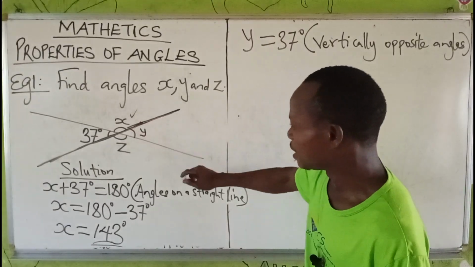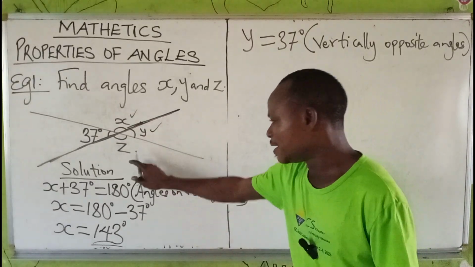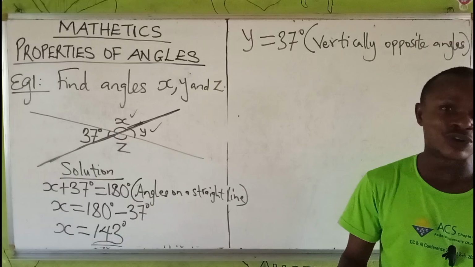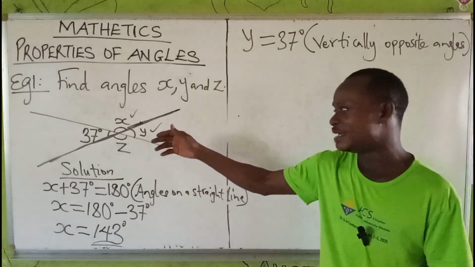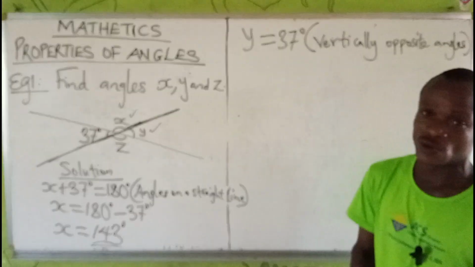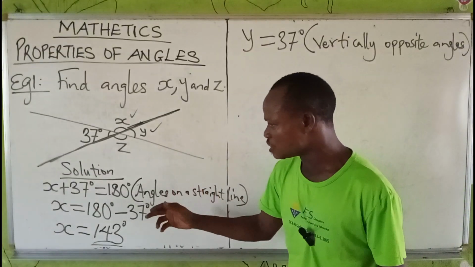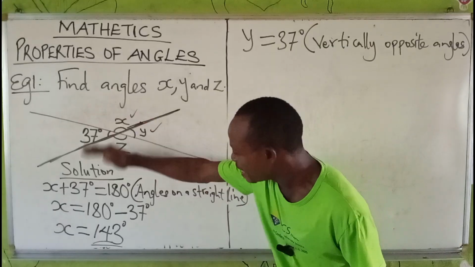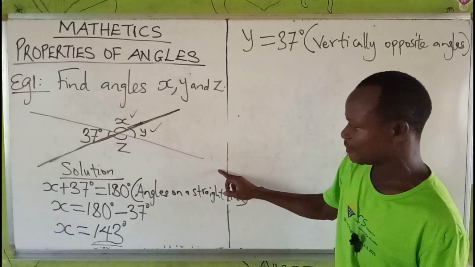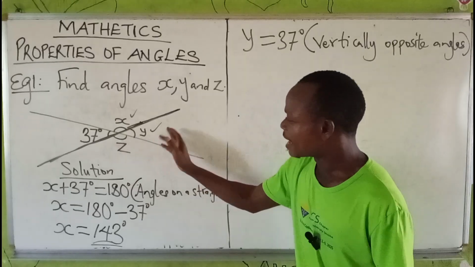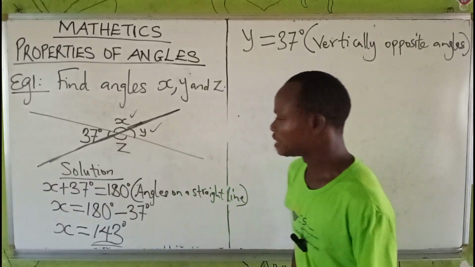We've gotten angle X, we've gotten angle Y. Now let's move to angle Z. For angle Z, we can use either of the 2 theorems I have used, either the angles on a straight line, as I used to solve for angle X, by considering 37 and Z under this straight line, or we can consider Z and Y under this straight line.